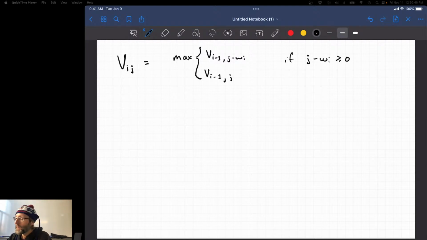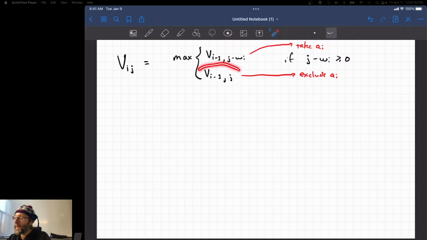Right? So let's annotate this. This one over here, you take A sub I. This one right here, you exclude A sub I. Basically, if the value is greater if you leave that item, because that's a low valued item or something like that, you're retaining the same weight capacity here.